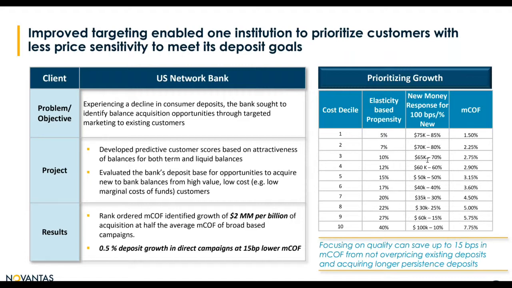What's interesting when you look on the right-hand side is that for this particular institution, that's where they gather 40% of their deposits. So they are gathering some of the most expensive deposits that are available. However, by identifying these different cohorts of customers and being able to target offers into those that we think will be less expensive over time, I can actually change the mix of customers that we're driving deposit growth from.